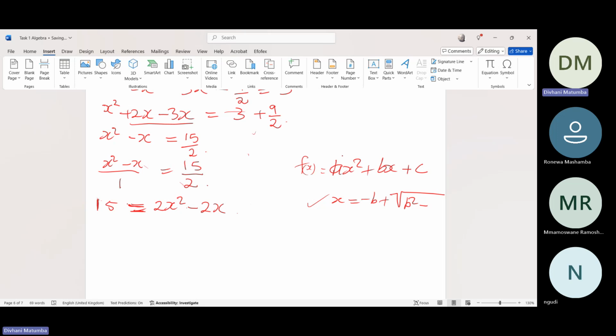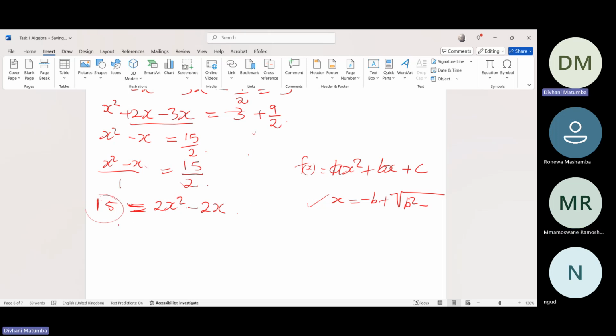Okay, so how do we rearrange, Mamswan? Will we not move 2x squared minus 2x to the other side? We can do that, or we can also take 15 to the other side, either way.